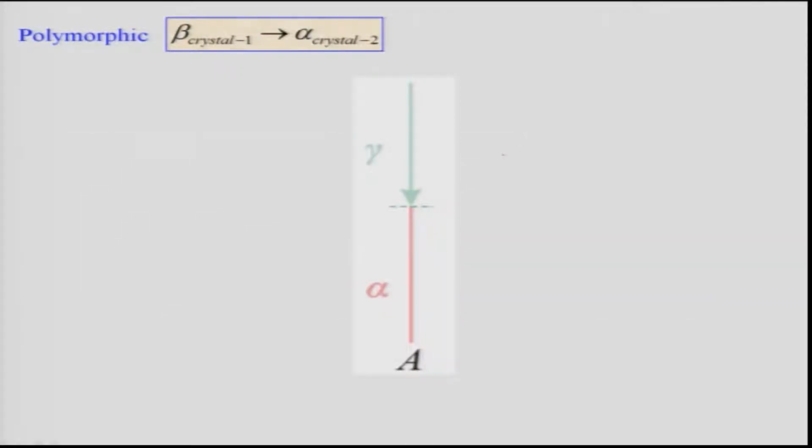Polymorphic, as I told you, is beta going to alpha or gamma, whatever it is. Here it is gamma going to alpha, just like pure iron I told you, where the gamma to alpha transformation is at 912 degrees Celsius, gamma is FCC and alpha is BCC in pure iron. So, this transformation does not require any compositional change.